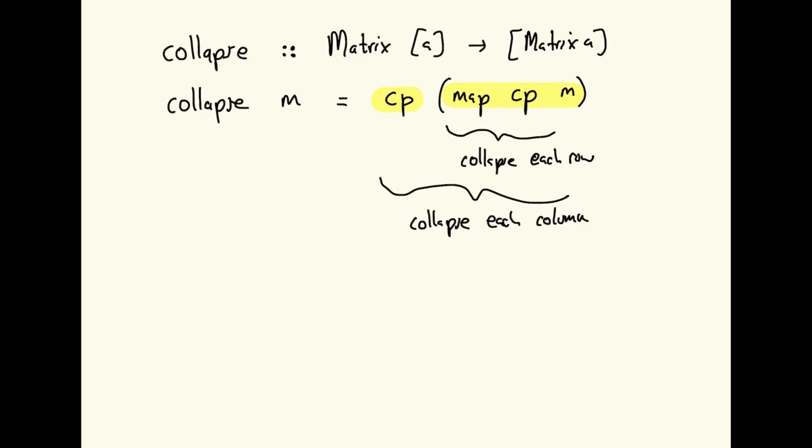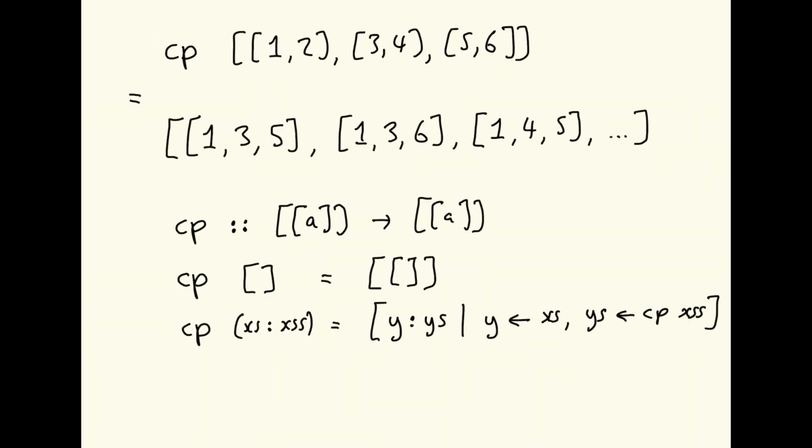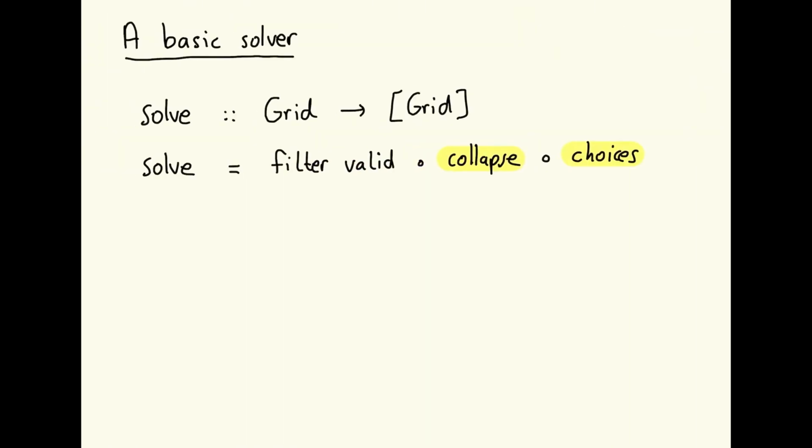So now, in a very short amount of code, we have our first working Sudoku solver. If we go back quite a few slides, here is our Sudoku solver. You give it a Sudoku grid. It applies the choices function first, which replaces each cell by all possible choices 1 to 9.